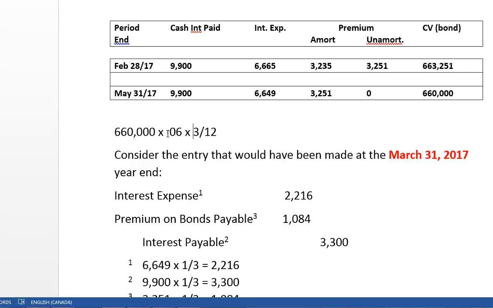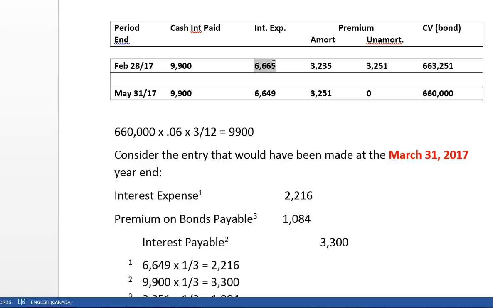So we're taking our annual coupon, multiplying it by the face value, but because your coupon rate is annual, we only want it not for 12 months, but for 3 months, because there's 3 months in a quarter, divided by 12. And that's going to give us $9,900.